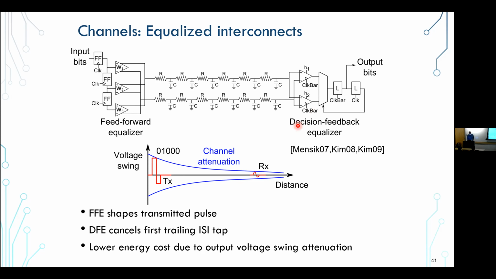Because your signal swing is smaller across, you also can save energy, depending how smart you are building the transmit and the receive side, how complex that equalization is. But people have shown that you can do very simple tricks there with a few flip-flops on the receive and transmit end and achieve these kinds of things.